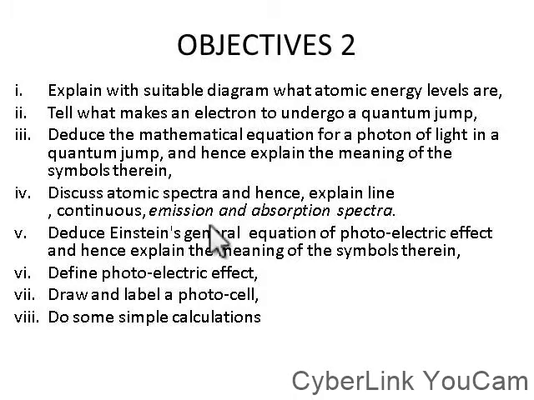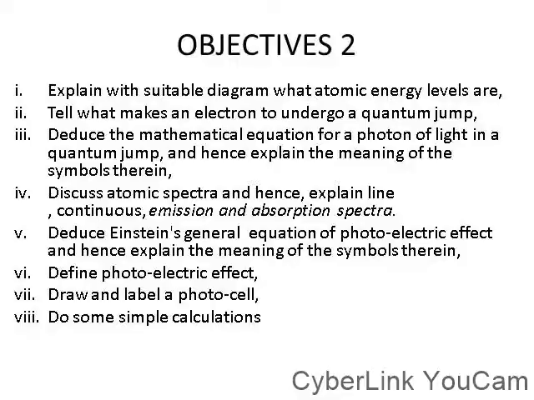Deduce Einstein's general equation of photoelectric effects and hence explain the meaning of the symbols therein. Define photoelectric effects. Draw and label a photocell, and of course, we may not do calculations here today, but I will do that separately in the next video.